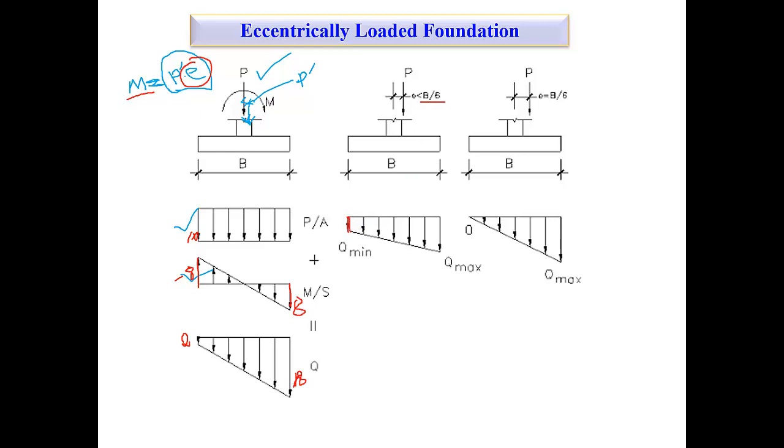There will be some sort of extension here, there is a minimum, and here would be the maximum. So the stress diagram would be like this. If you find E equals B by 6, you will find at the edge the stress is 0. No tension, no compression.